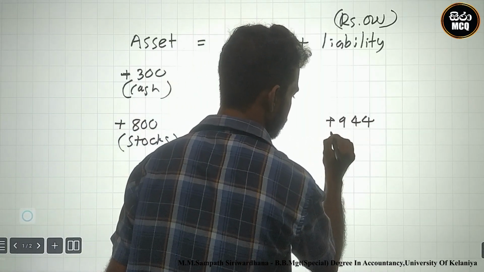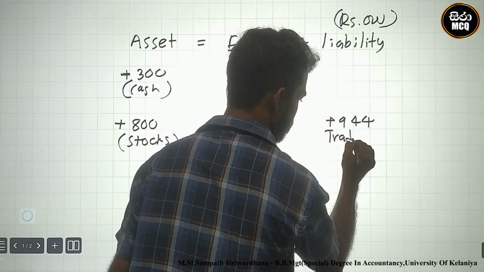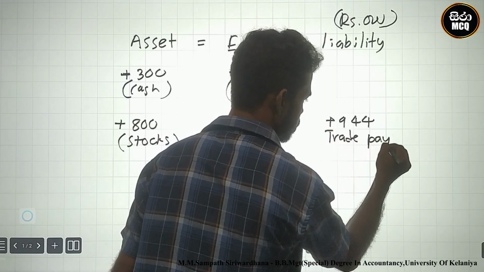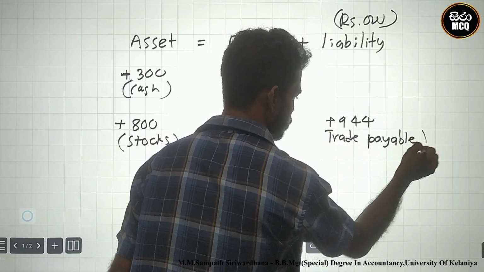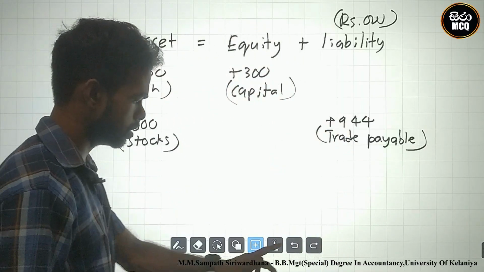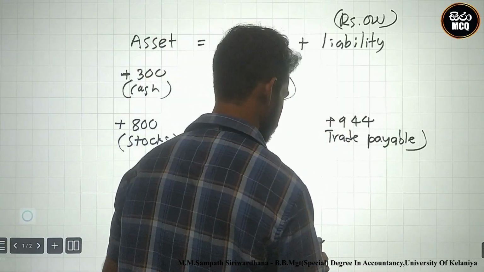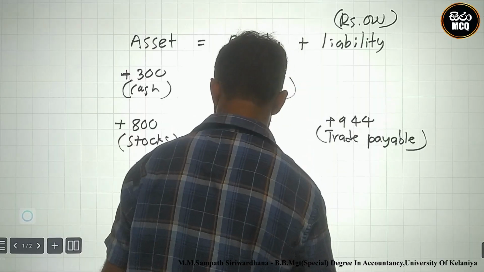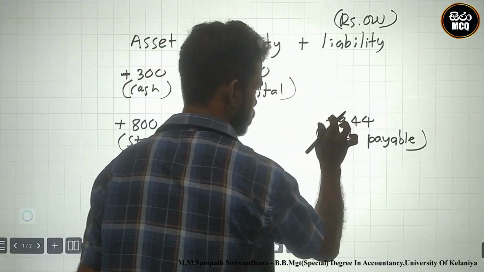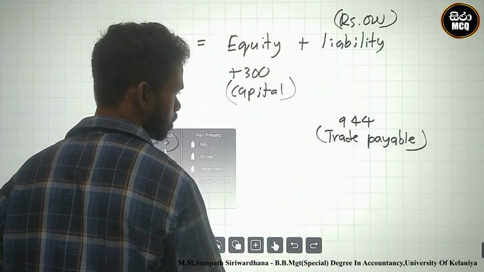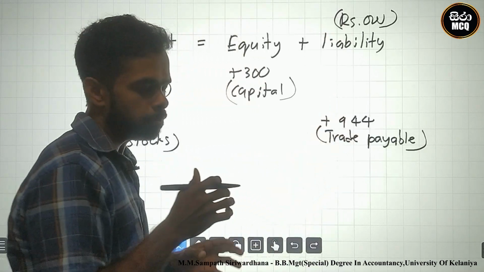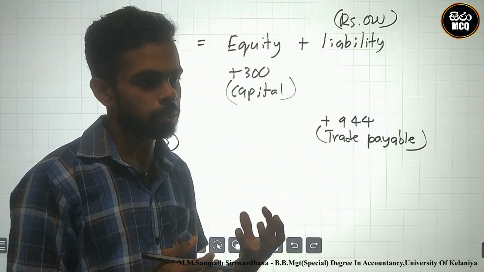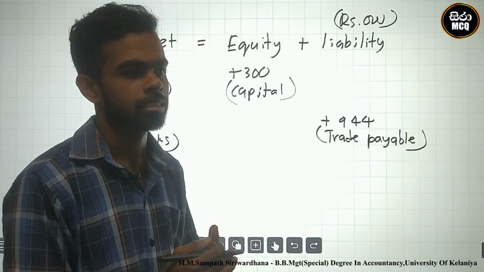944 plus trade payable. The other one is VAT short. At the purchasing, VAT must be deducted.